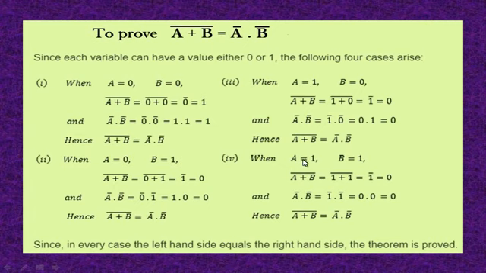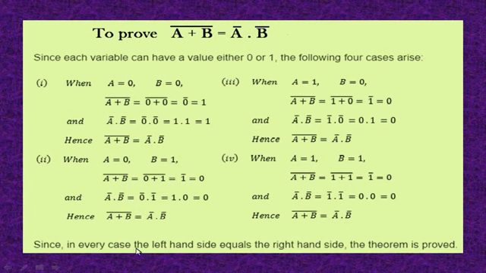Now, in case 4, when A is equal to 1, B is equal to 1, by putting this value, 1 plus 1 is equal to 1 and complement of this 1 will be 0. In RHS, A complement dot B complement is equal to complement of 1 dot complement of 1, and complement of 1 will be 0, the product will be 0. In this way, hence A plus B complement is equal to A complement dot B complement.